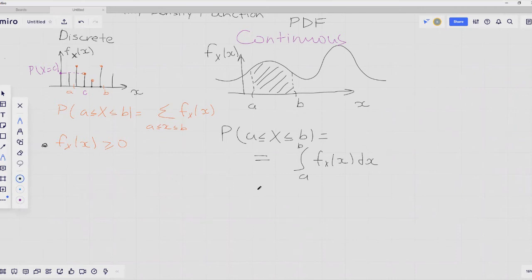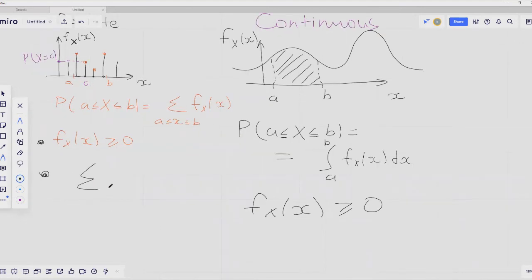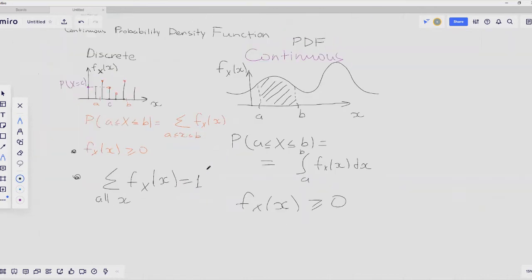First, the values of PDF should also be non-negative. And in the case when working with discrete random variables, the sum over all possible values of x of our PMF was equal to 1. So 1 unit of probability is assigned over all possible values of x.